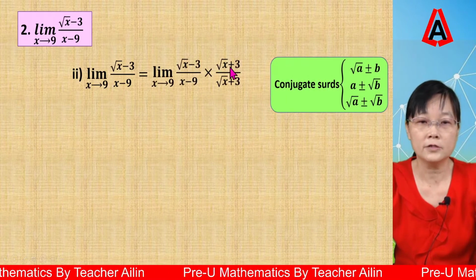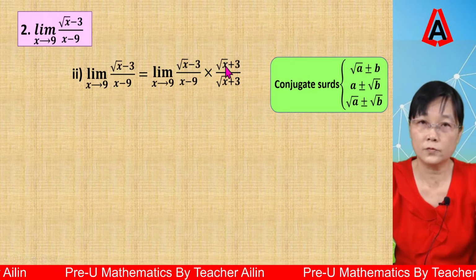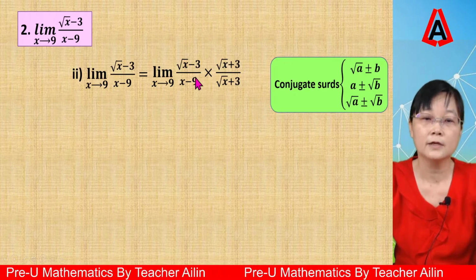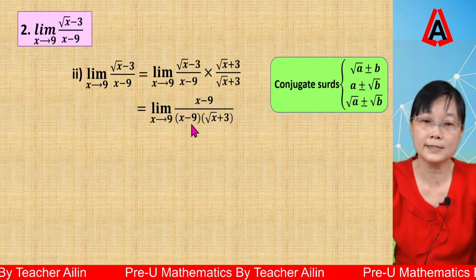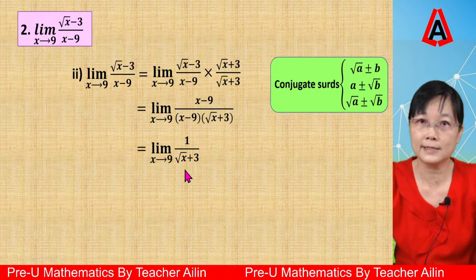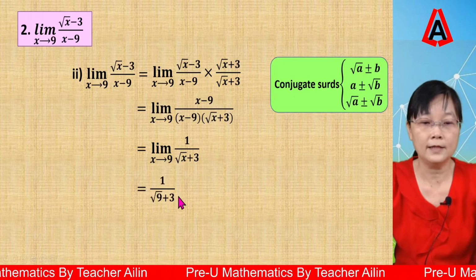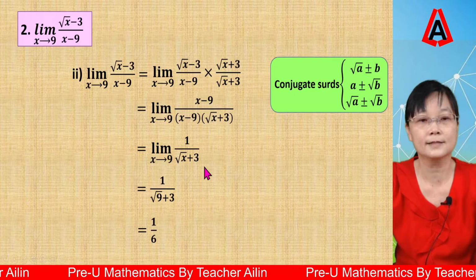So, I am going to multiply the function with the conjugate surd square root of x plus 3. So, when simplified and I cancel off x minus 9, then I substitute the x for the second time. Then I find that the answer is equal to 1 over 6.